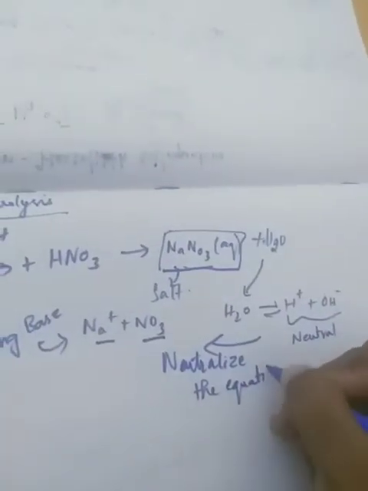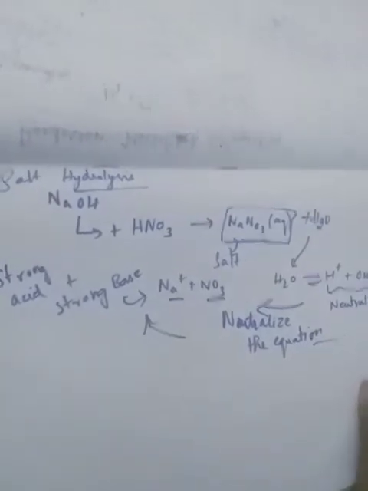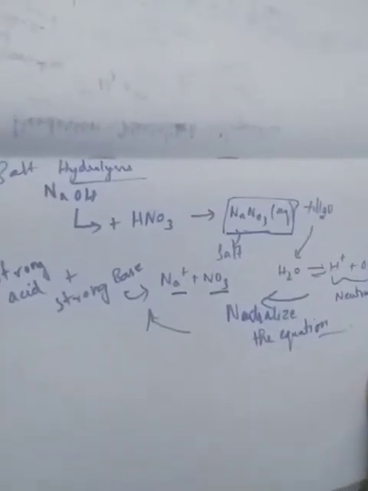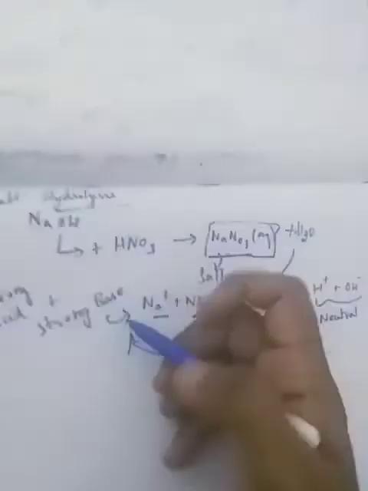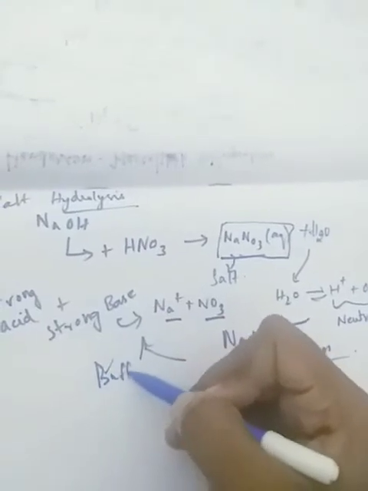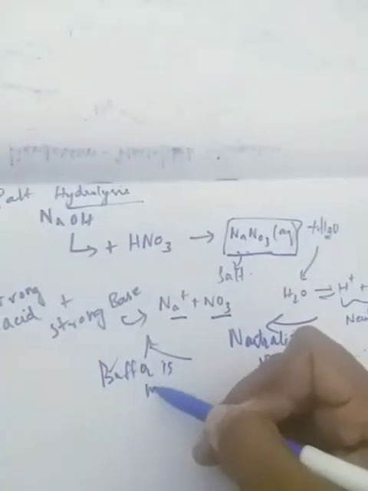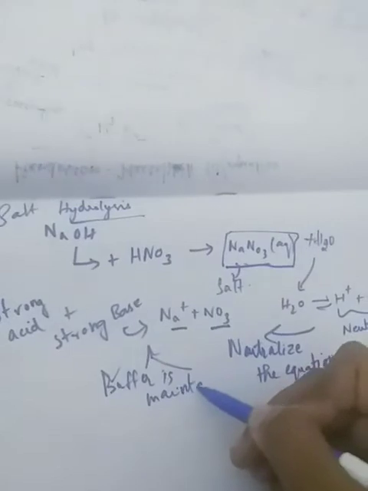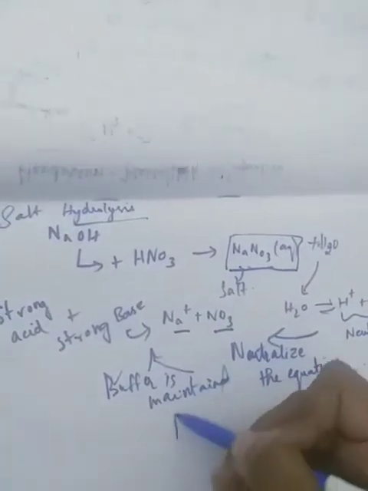So if the solution is neutralized, the pH will be equal to the normal 7.